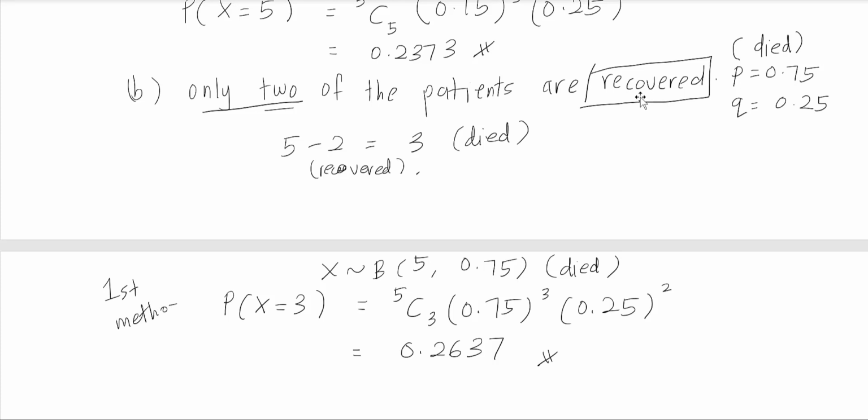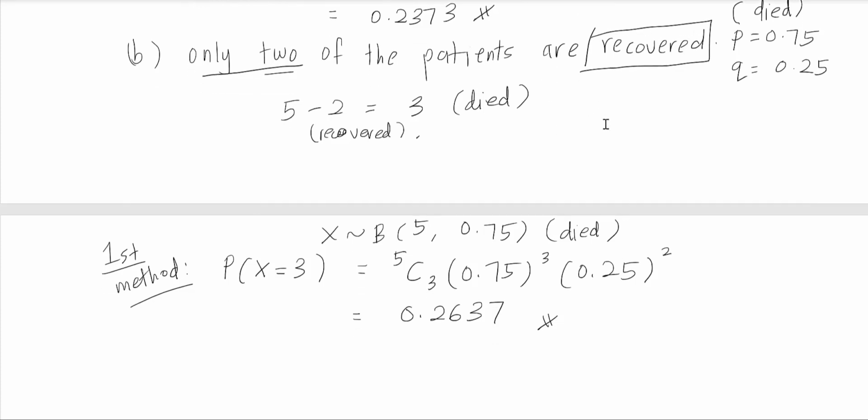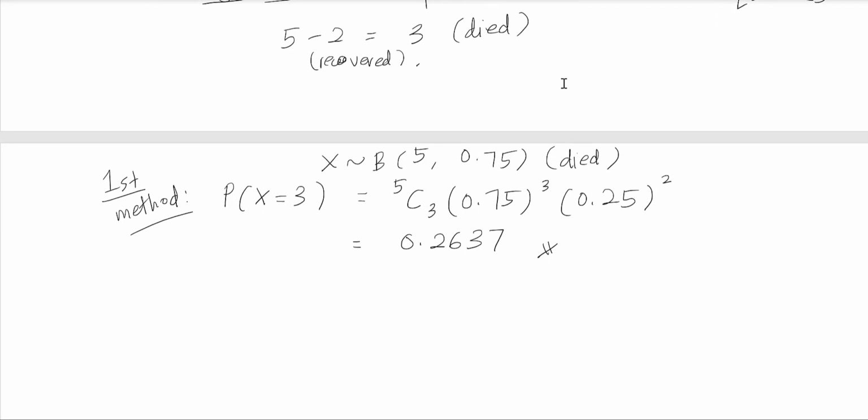Now we have the second method. So what is the second method? When the question asks for the patients who recovered, we change our P of success to the probability of patients who recovered. So what is the probability of patients who recovered? Our P is equal to 0.25, because 0.75 is for patients who died.